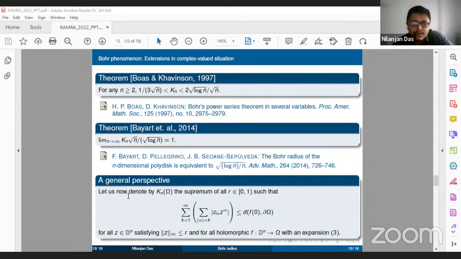So we denote by K n omega, analogously to the definition of K n, the supremum of all r belonging to (0, 1) such that this Bohr inequality, the sum over k from 1 to infinity of the sum over mod alpha equals k of mod c alpha z to the alpha, is less than or equal to the Euclidean distance between f of 0 and the boundary of omega, holds for all z in the polydisk that satisfy sup norm of z less than or equal to r, and for all holomorphic f that maps the polydisk inside some domain omega.